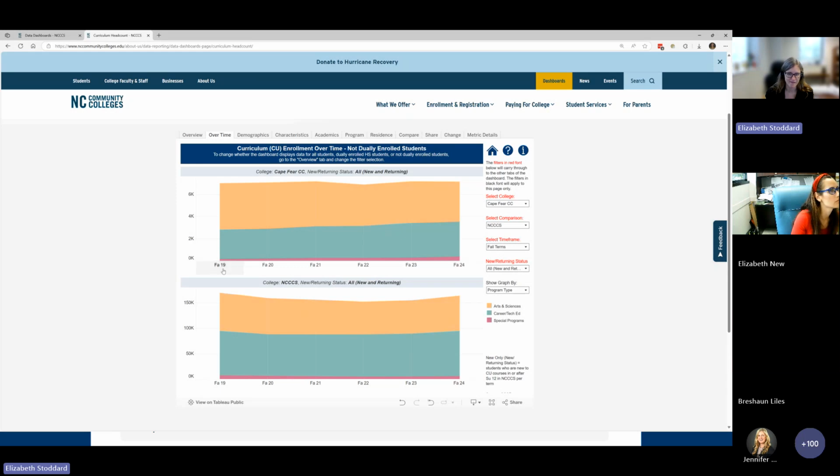over these 6 fall terms, we're seeing less of a share of our non-dually enrolled students going into an arts and sciences program and more going into CTE. So back in fall 19, about 60% of enrollment was arts and sciences, a little under 40% was CTE.